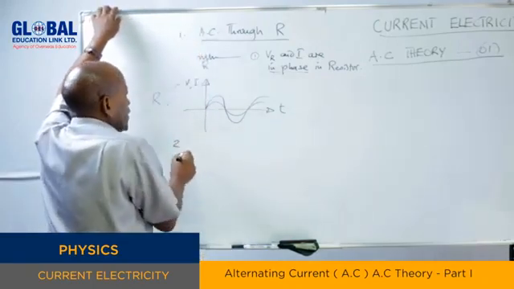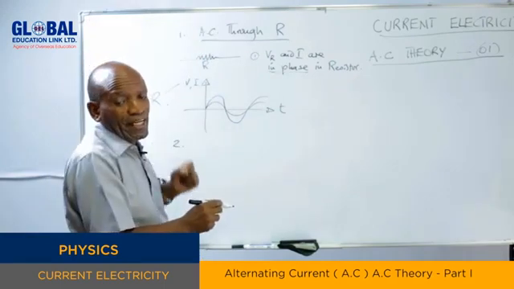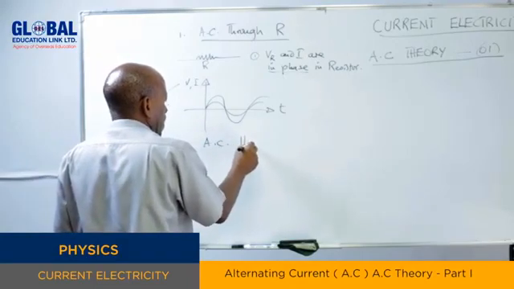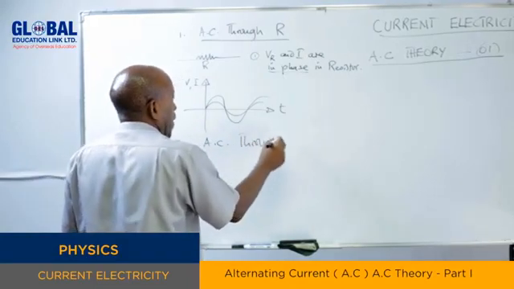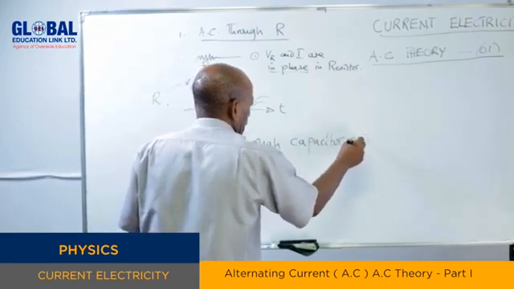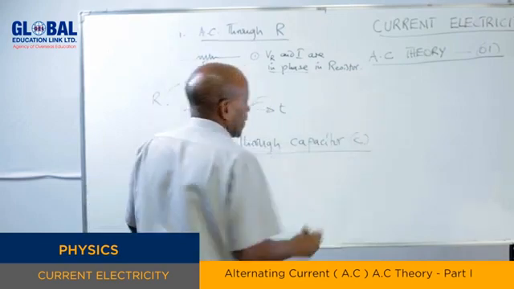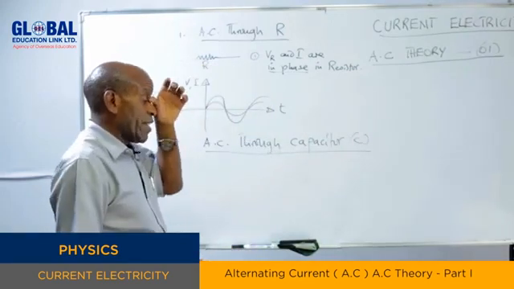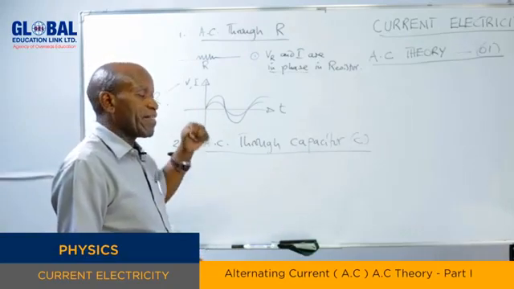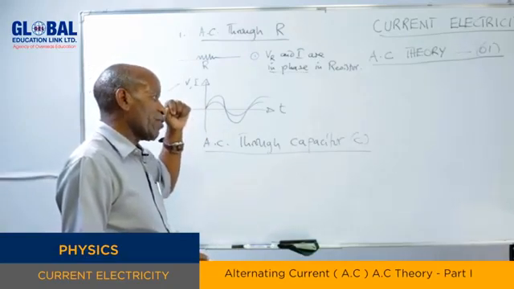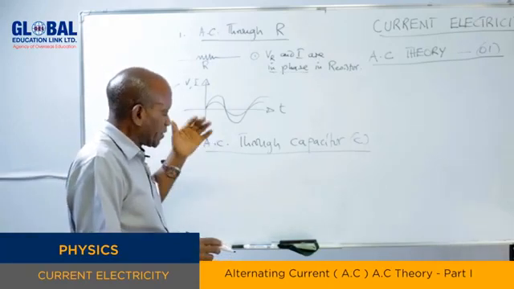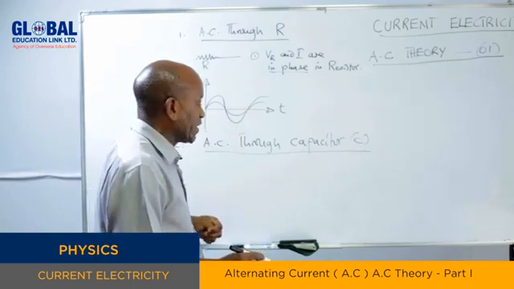If we're just going to look at an alternating current through a capacitor, we just found that the voltage through a capacitor lags behind the current by 90 degrees.